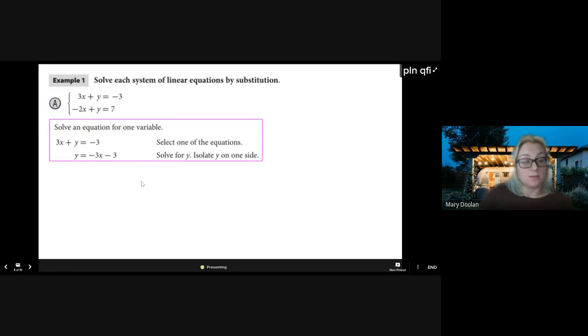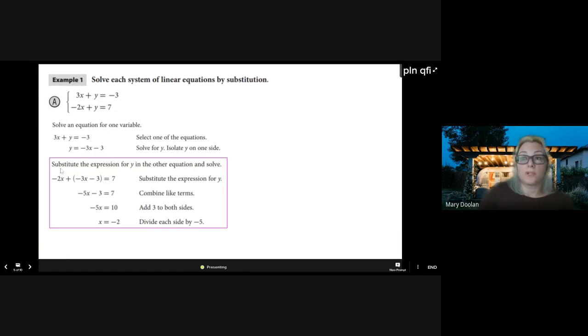That's the first step. Step 2 is the substitution step. We're going to substitute the expression we got, which is -3x minus 3, in place of the y in the other equation. So the other equation, -2x plus y equals 7.